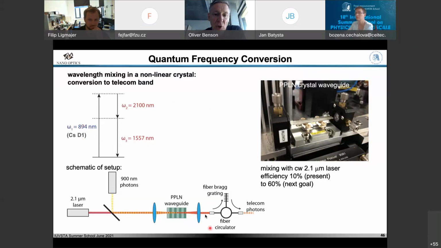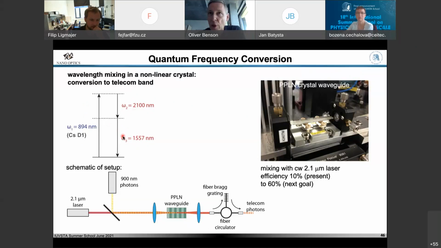And you put it in the nonlinear crystal, and you have a nonlinear interaction of light fields. In this case, single photons, but you send in a reasonably large light field. In this case, it would be 2 micrometers or so. And then the difference frequency results in photons that are coming out at telecom wavelength.